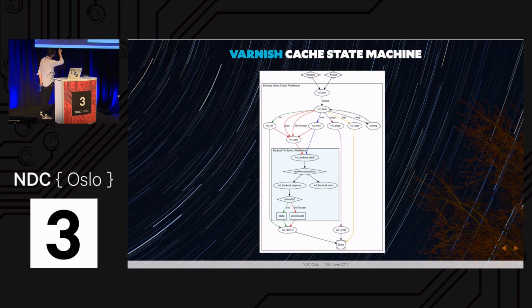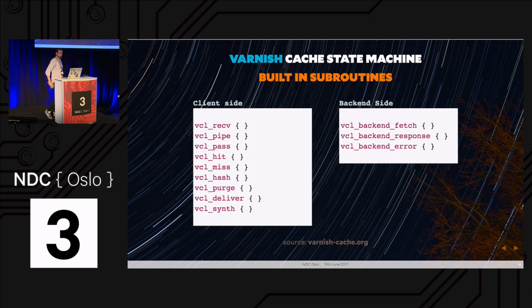All these calls, all these routines, are built-in subroutines. The good thing is that in each of these subroutines, there are objects that we can manipulate and change. So let's say HTTP headers, you can pretty much do anything you want inside these routines. And there are routines dedicated to the client side and to the backend side.